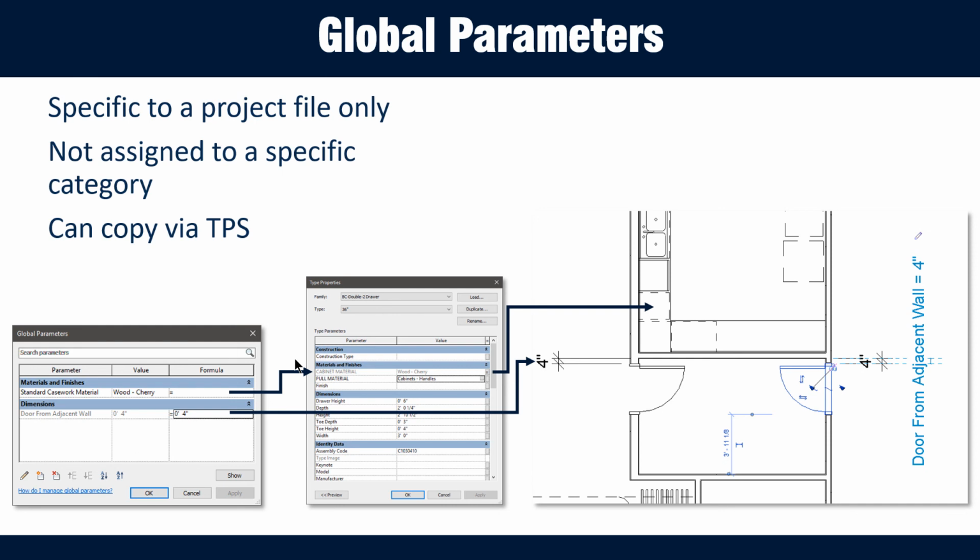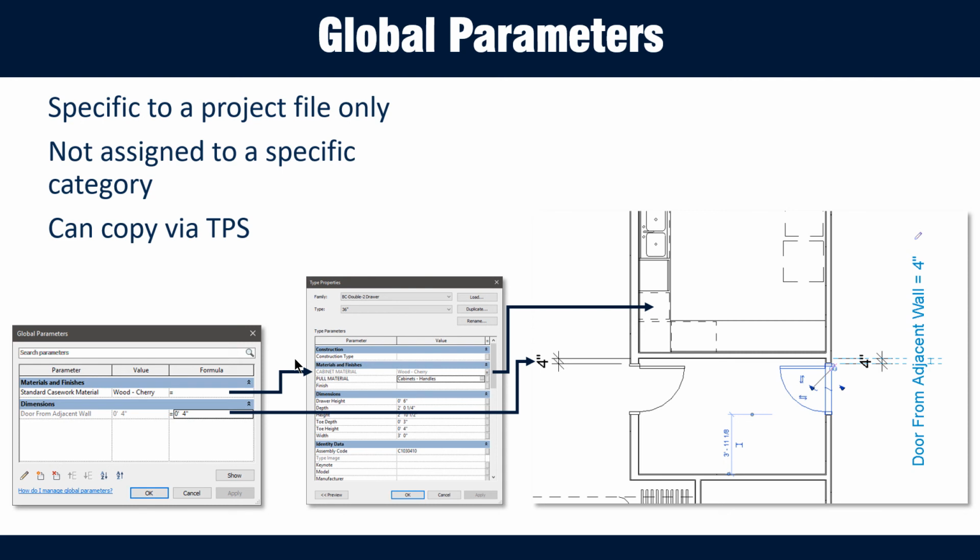By the way, if you're wondering why you saw these little buttons within your parameters in your project, that's because you can assign them those global parameters. And then look at this, like here's your door from adjacent wall. That's an example of a global parameter. And if you don't want that to schedule, or if you don't want to actually see that in your view, I usually make a working view to actually show that.